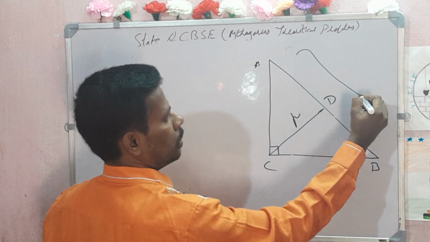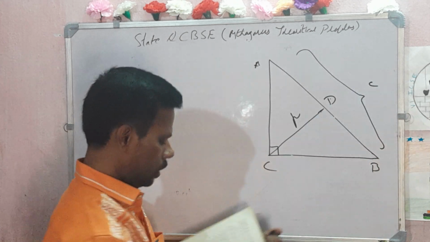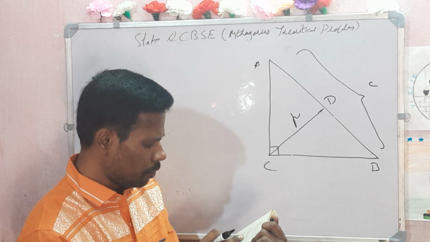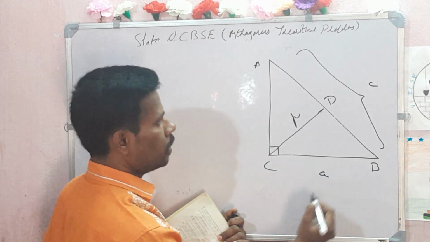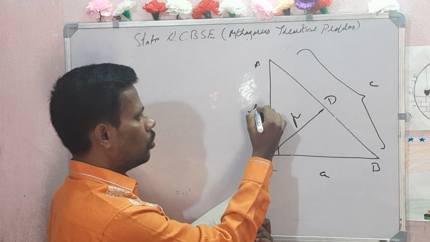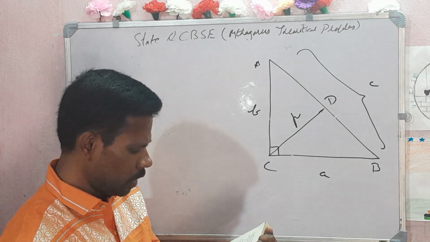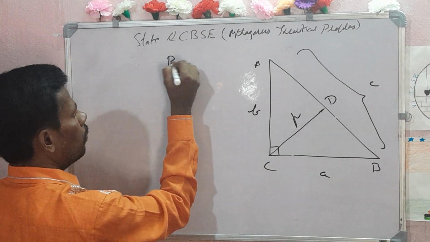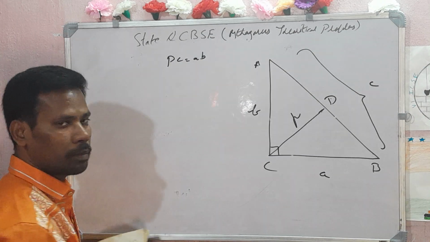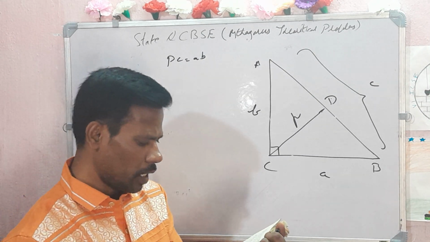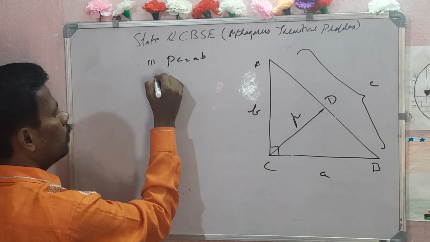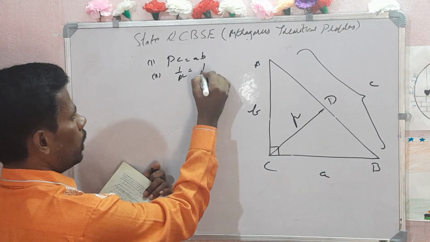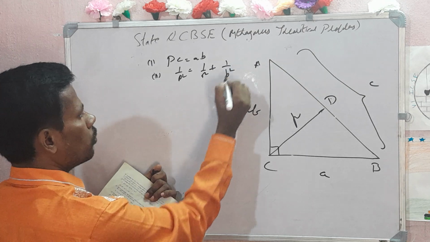This complete length is nothing but c. BC is equal to a, and AC is equal to b. Prove that PC is equal to AB, that is pc is equal to ab, and the second bit, 1 by p square is equal to 1 by a square plus 1 by b square.